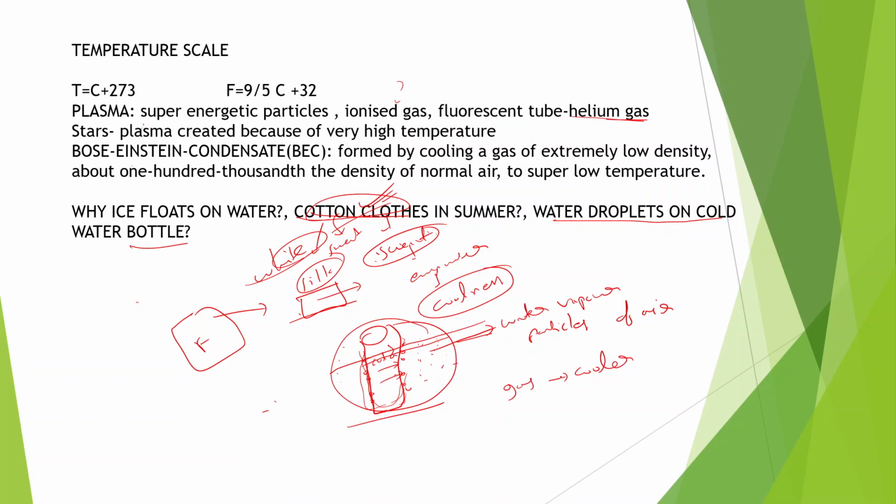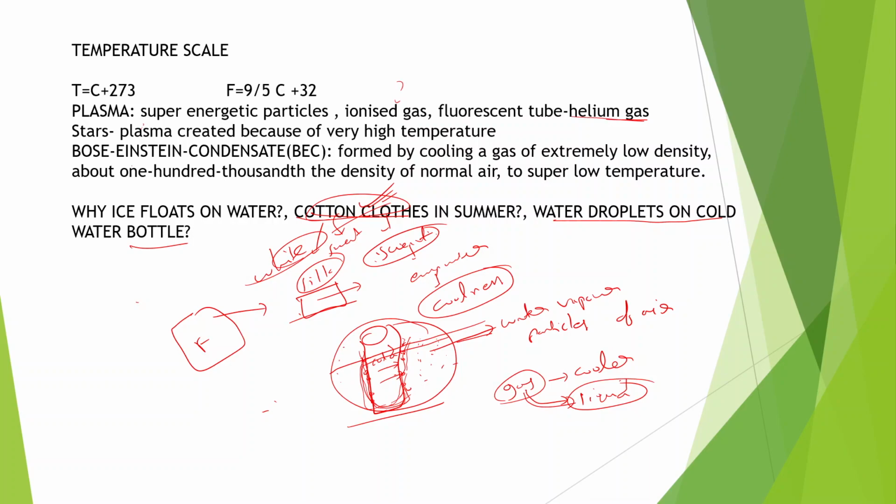When gas becomes cooler, it will change its state from gaseous state to liquid state. So this gas will become liquid. That is why we observe this kind of water on the surface of cold water bottles.